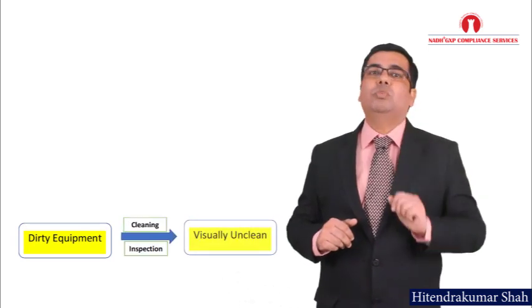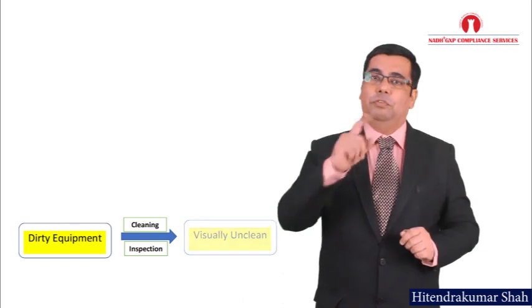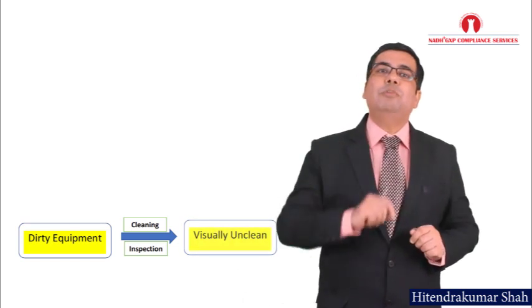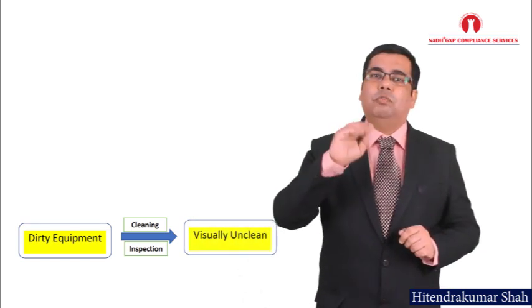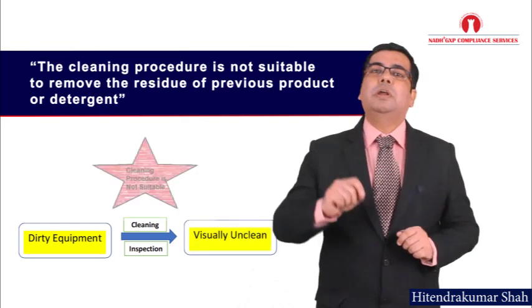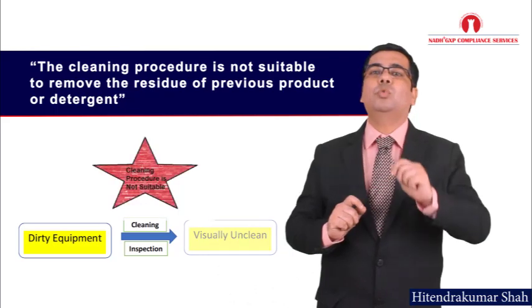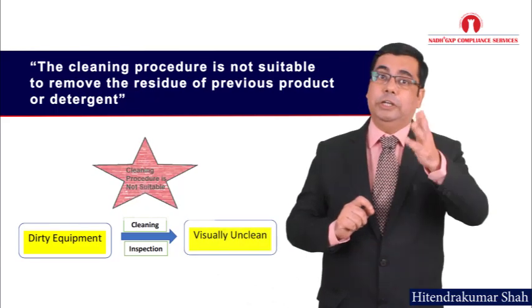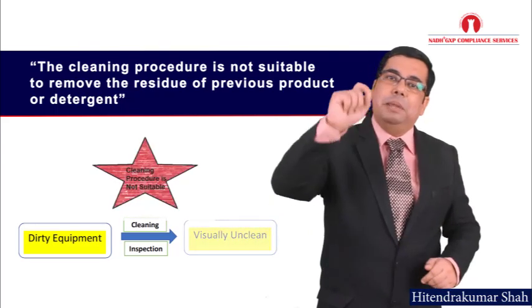Here, I would like to tell you that the conclusion can be drawn on the basis of visual cleaning itself. If equipment still remains visually unclean after following the cleaning procedure, it indicates that the cleaning procedure is not suitable to remove the residue of the previous product or detergent up to the acceptable limit.